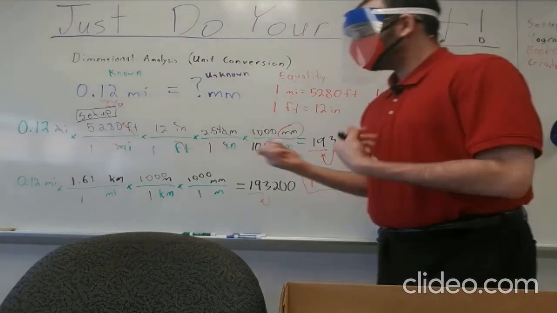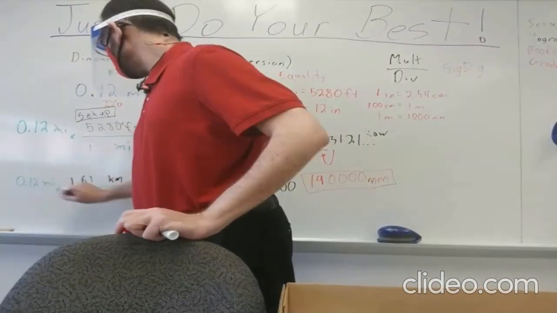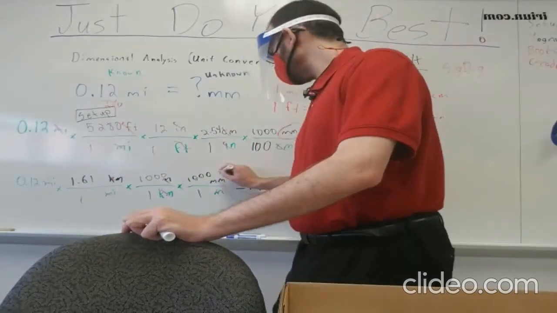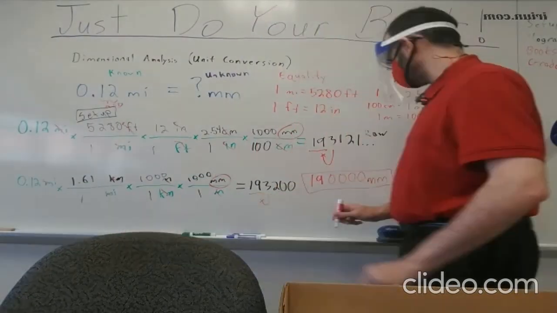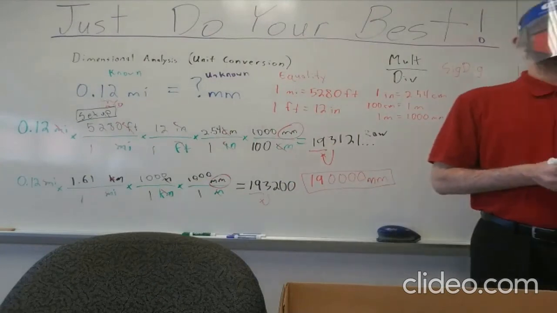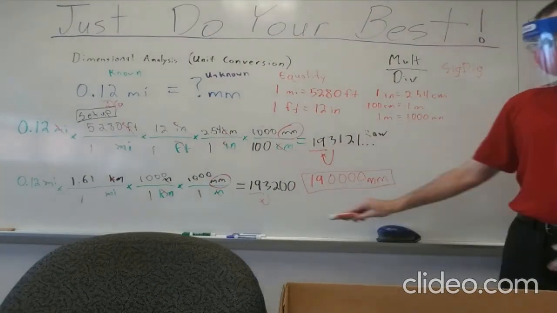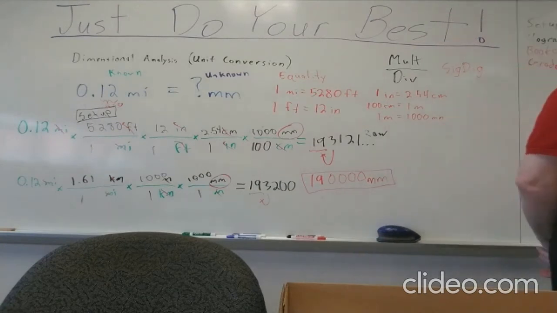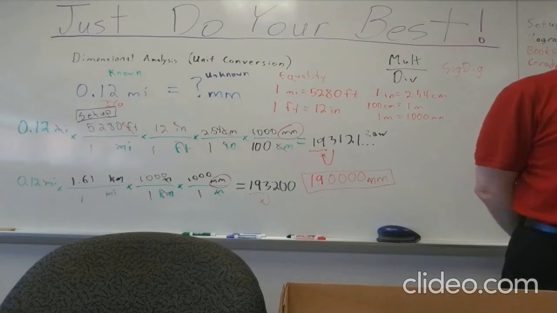Now, if I check, I still see miles cancels, kilometers cancels, meters cancel, and I am indeed left with millimeters, which is great because that is my unit. This is how significant digits shows you what's important. In this thing, only 2 digits mattered. So at the end, only 2 digits mattered.